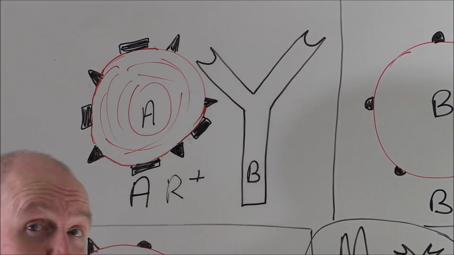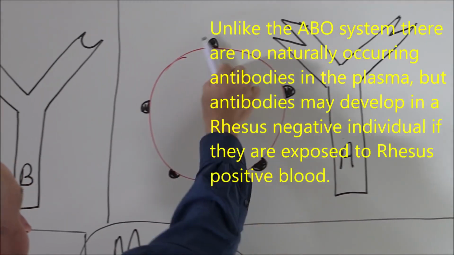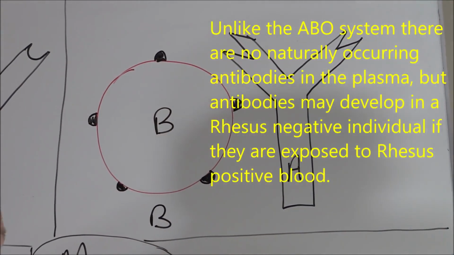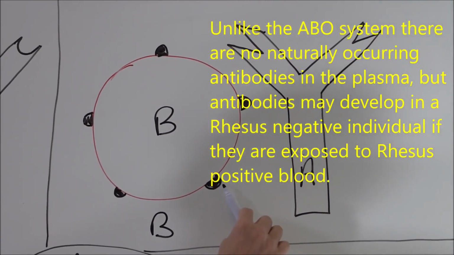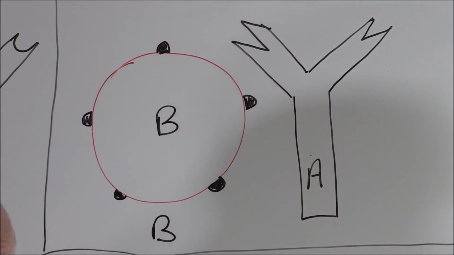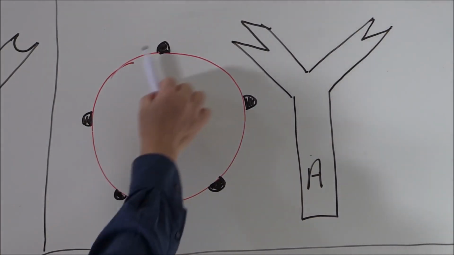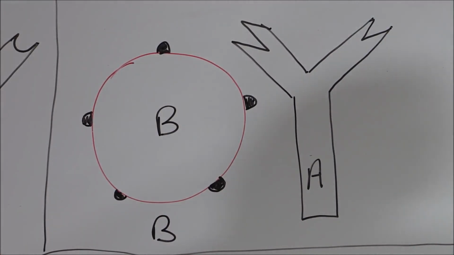And in the same way, if we look at blood group B here, so we're looking at the outside of the B erythrocyte, the outside of the red cell, and we notice that there are B antigens. But we also notice that there are no Rhesus antigens on the surface of the red cell. So at the moment, this diagram is illustrating someone who is B Rhesus negative.